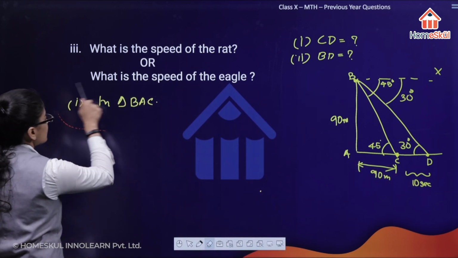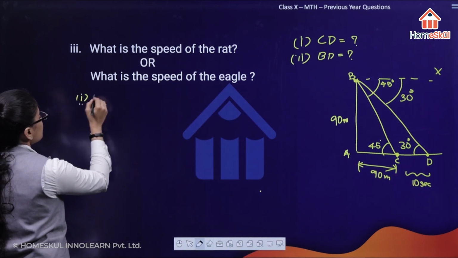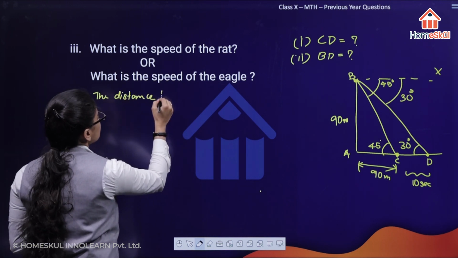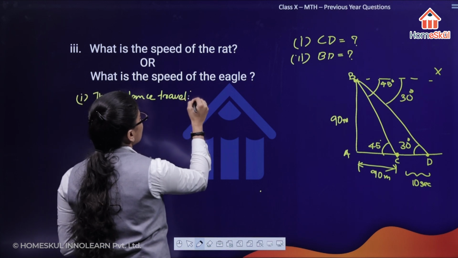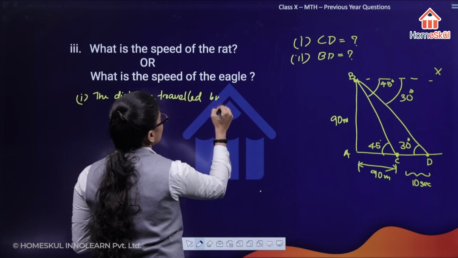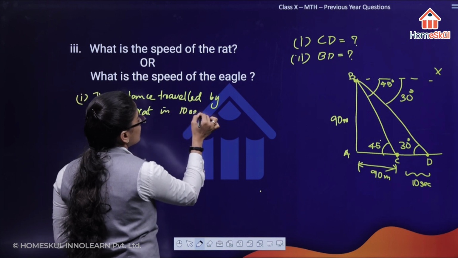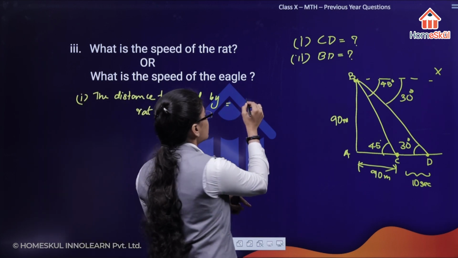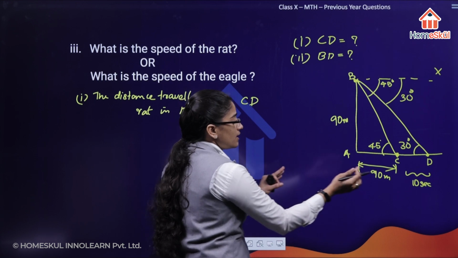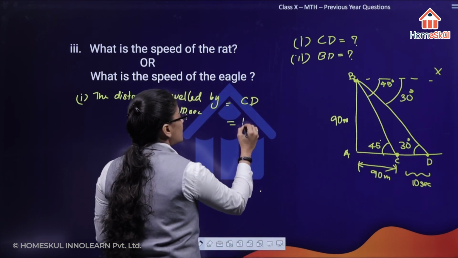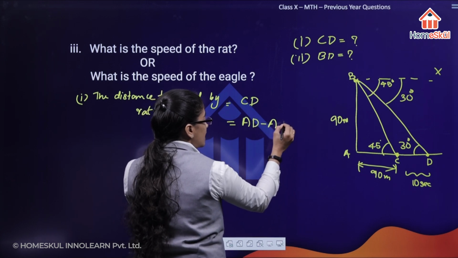That is equal to CD, isn't it? That CD could be calculated by AD minus AC.